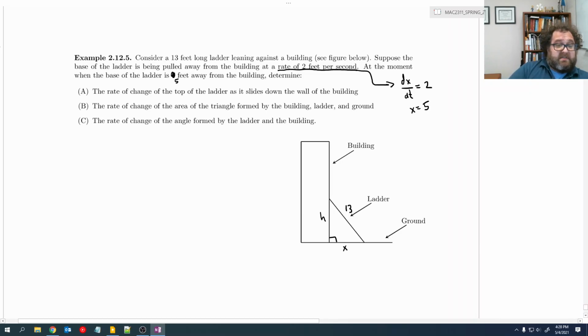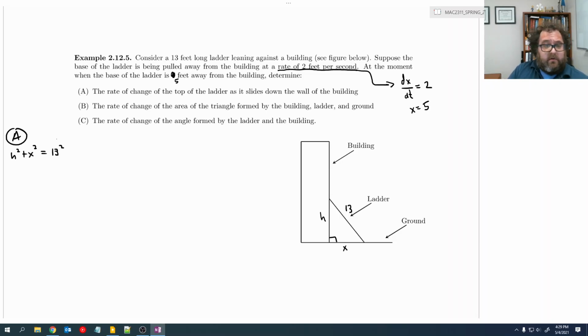And so what we could say here, for part A, is that h squared plus x squared equals 13 squared. And by the way, with part A, we want to find the rate of change of the top of the ladder. So basically, we want to find the rate of change of the height, because the top of the ladder is at the top of the height of the triangle.